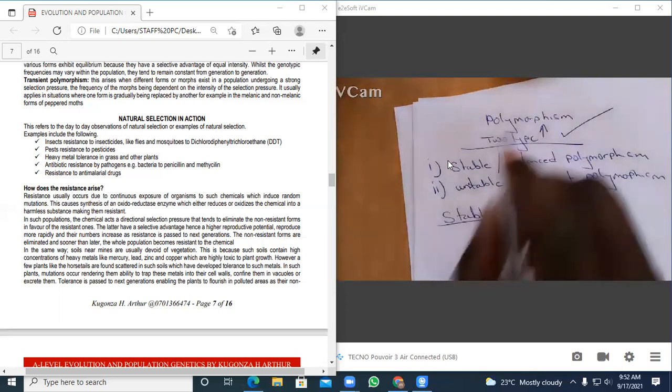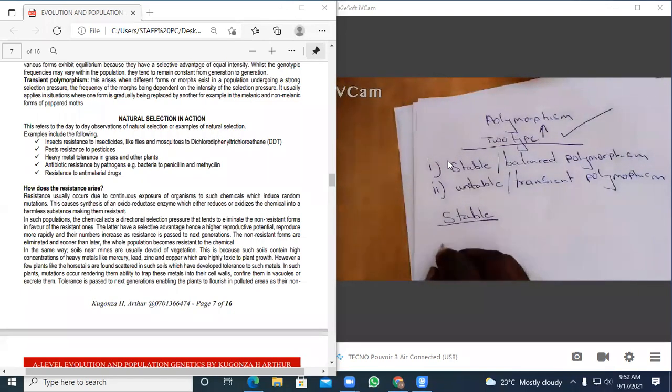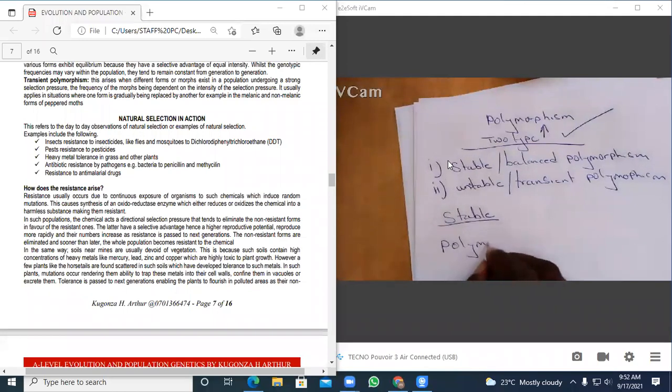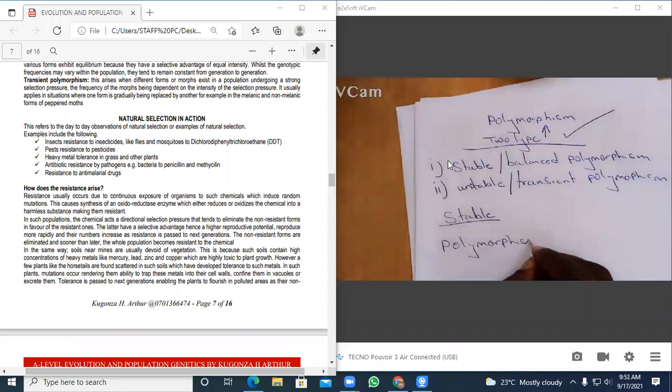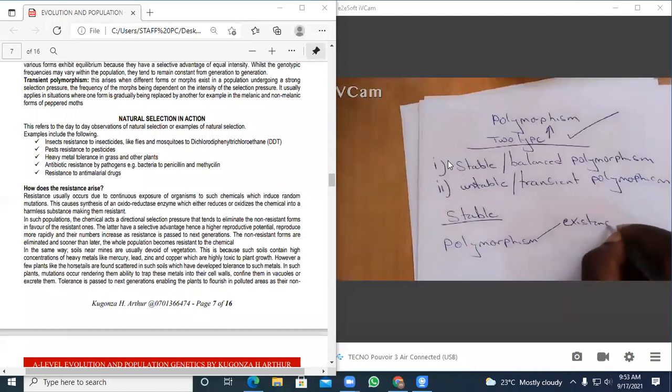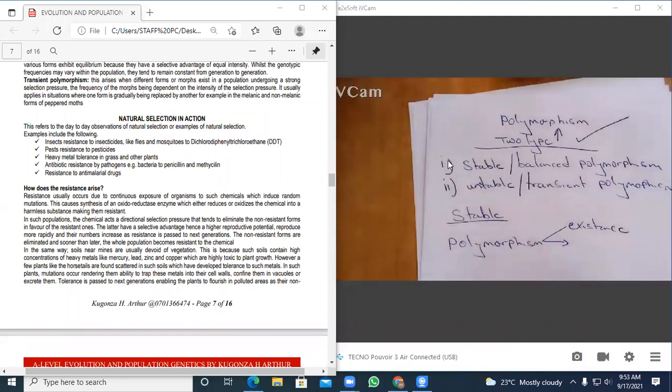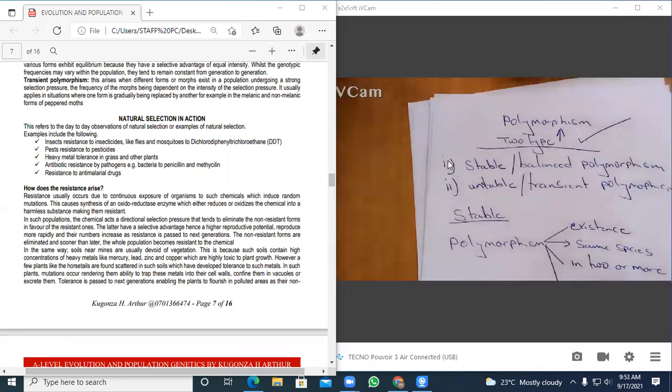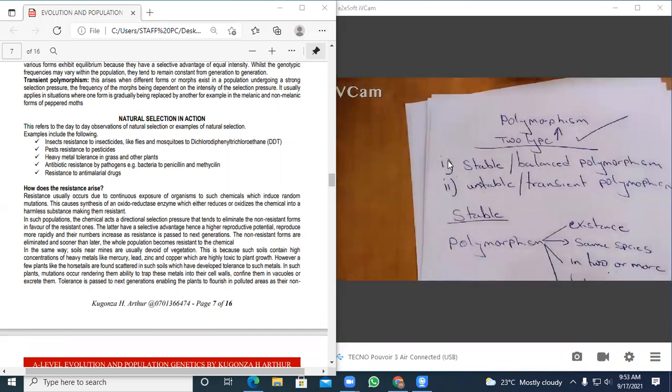Remember, we said that polymorphism, in summary, is first the existence, and second, the existence of an organism of the same species in two or more different forms.